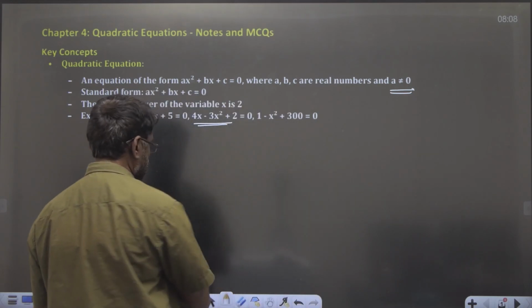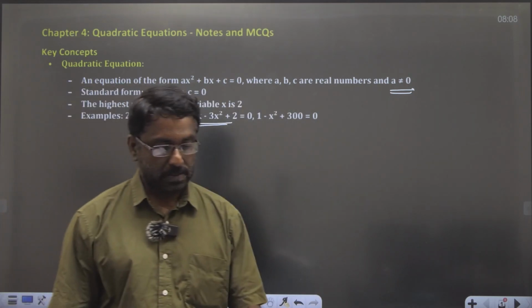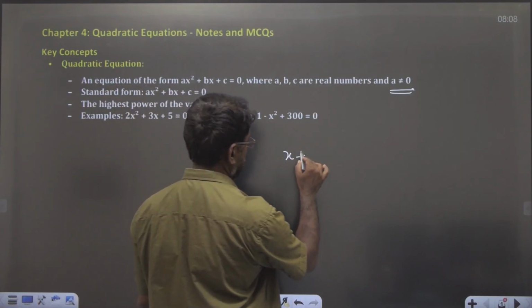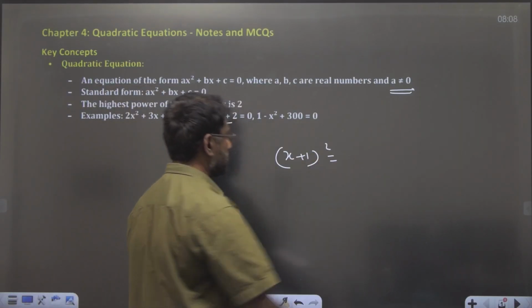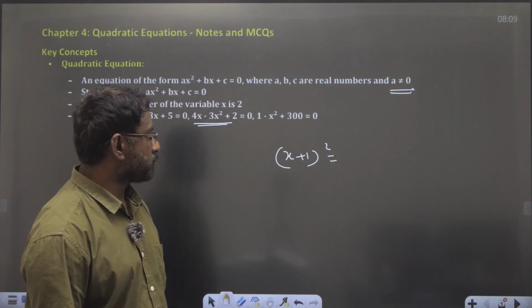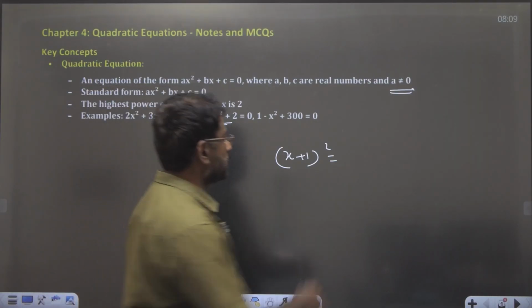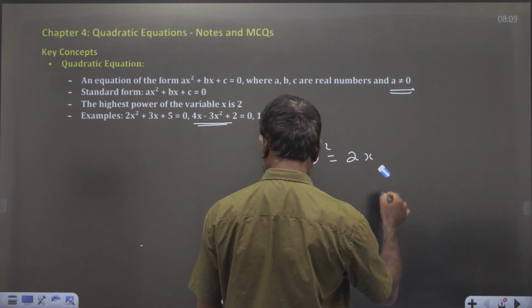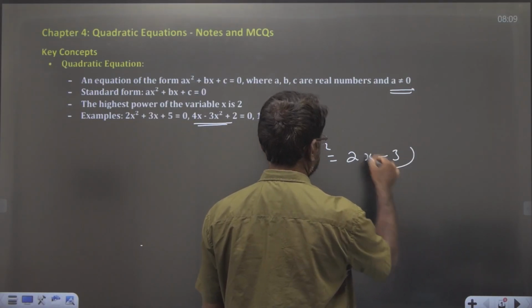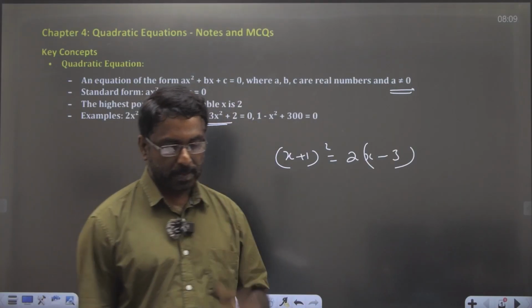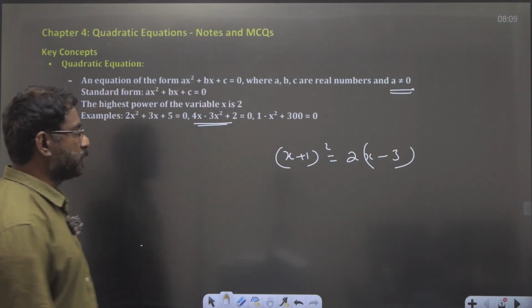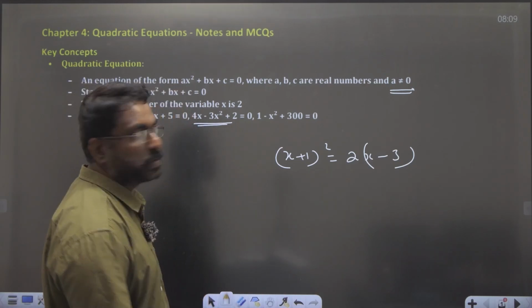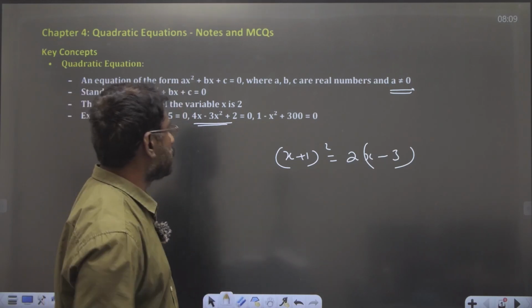Then one question you write: check whether x plus 1 whole square is equal to 2 into x minus 3 is a quadratic equation or not.